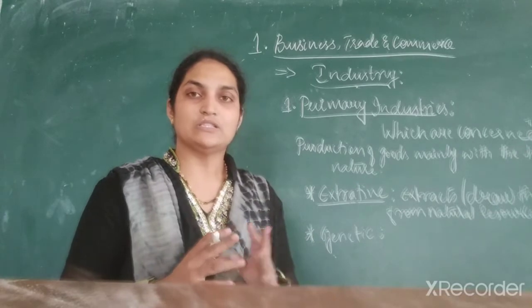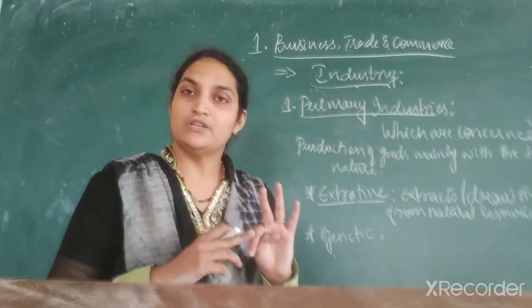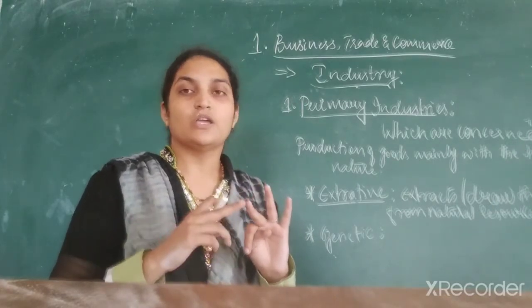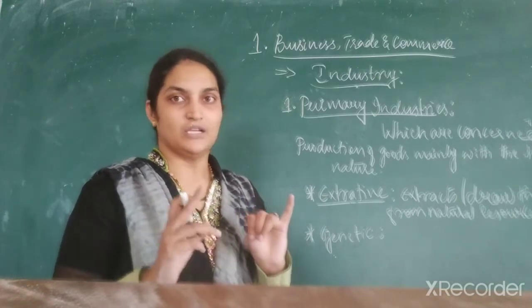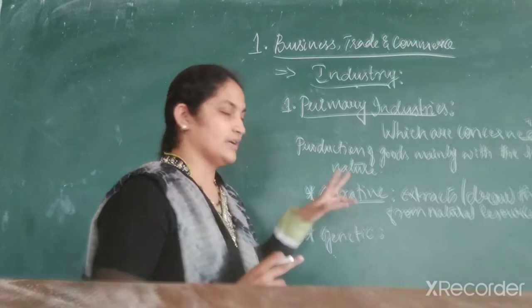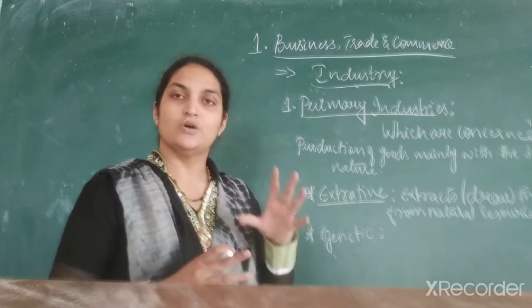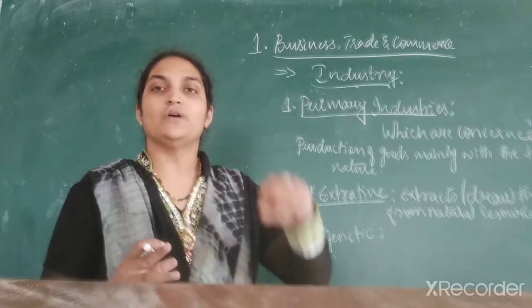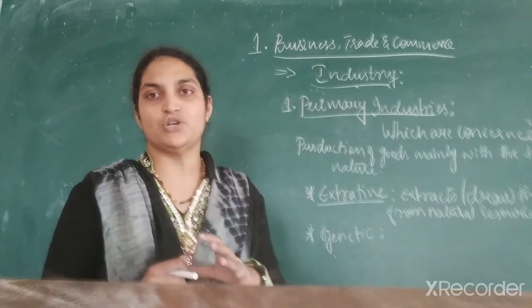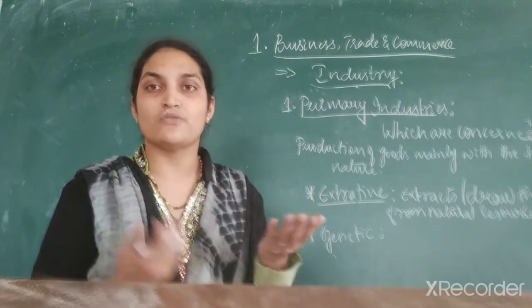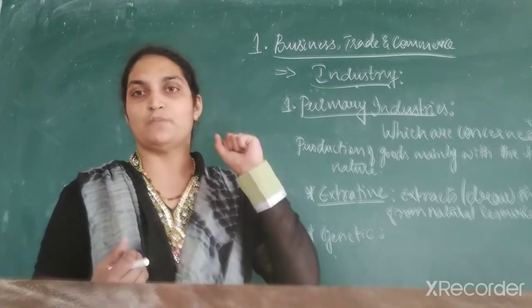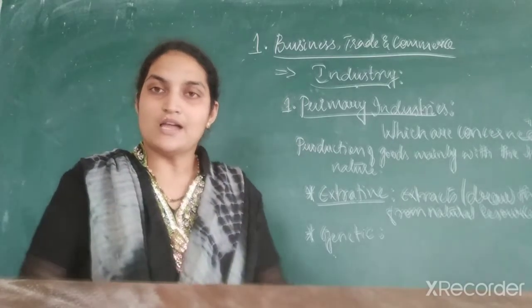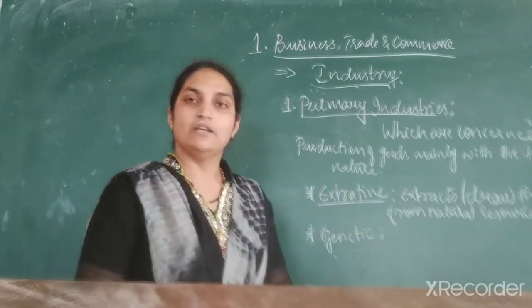Important extractive industries are first mining, another one is foresting or farming, next is fishing, timbering or lumbering. Those industries are called extractive industries. You are going to extract natural resources from the surface of the earth. Mining you obtain from within the earth. That is what we say extractive industries.